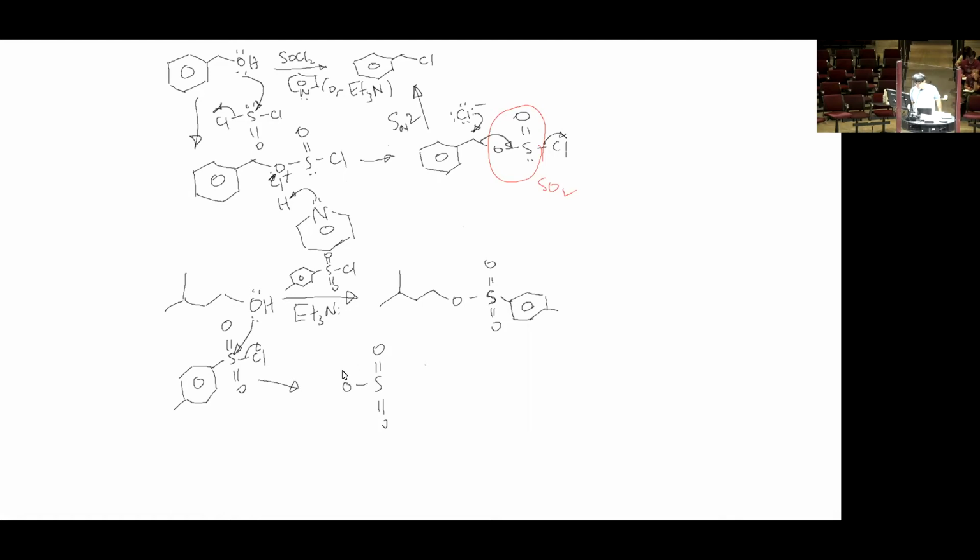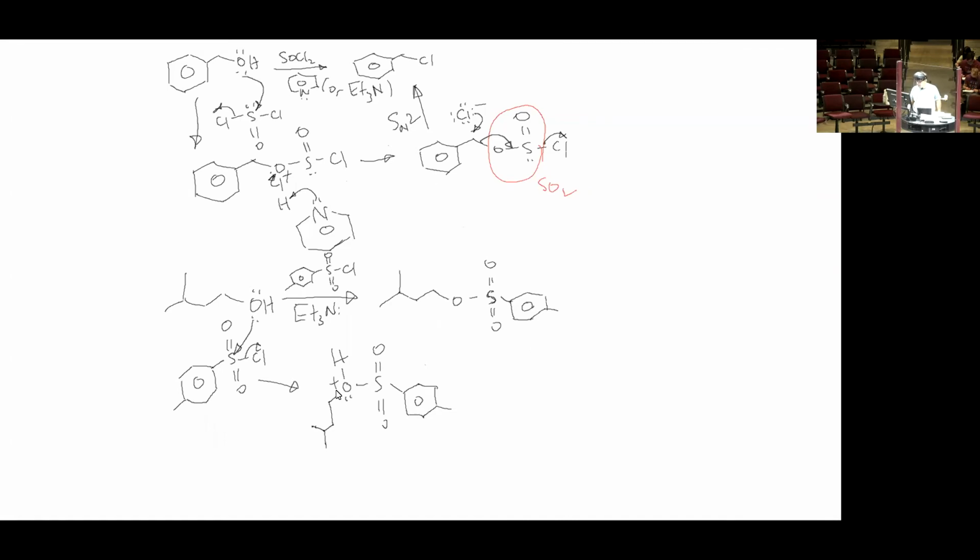What am I waiting for here? Got my proton over here, and I've got then 2 CH2s and an isopropyl group. Do I have the right 1, 2, 3, 4, 5? 1, 2, 3, 4, 5. Good. Yeah, I have the right number of carbons here. And on the other side, we've got our toluene group. So I think you'd get that intermediate.